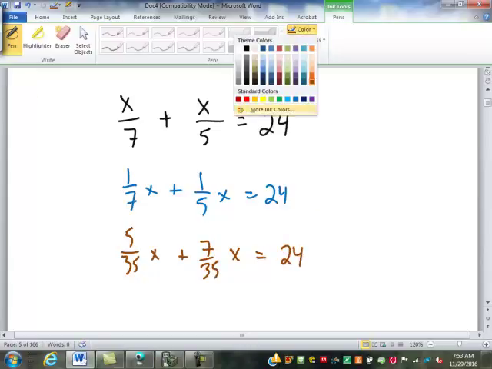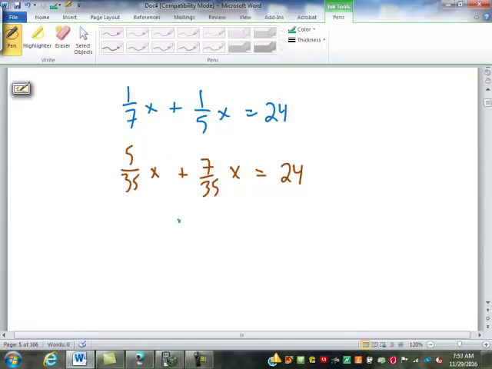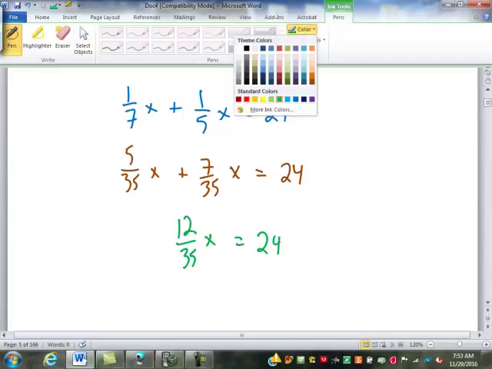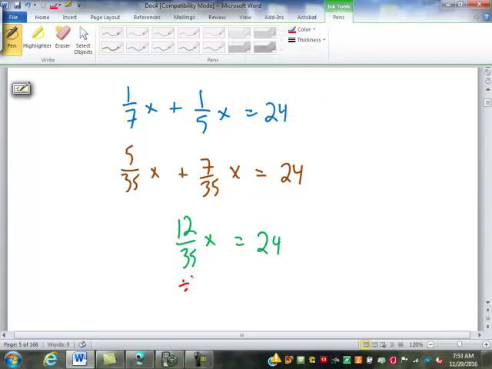Now I can combine them. 5/35 and 7/35 make 12/35. That's still times x equals 24. So to solve, I'm going to divide by the 12/35. So x equals 48. Not 48, sorry, 70. X equals 70.